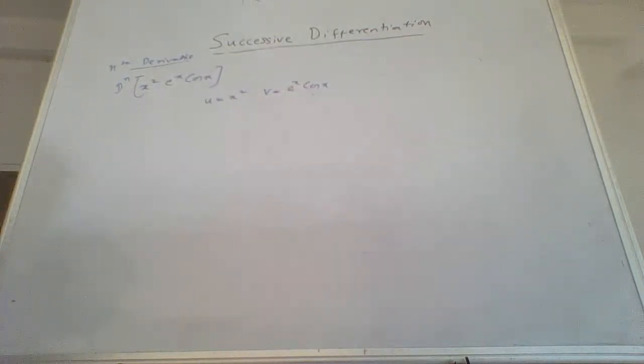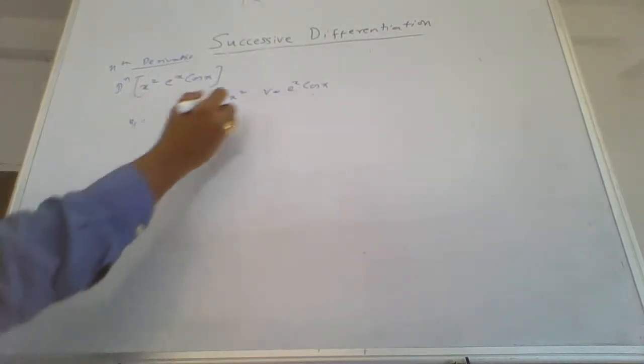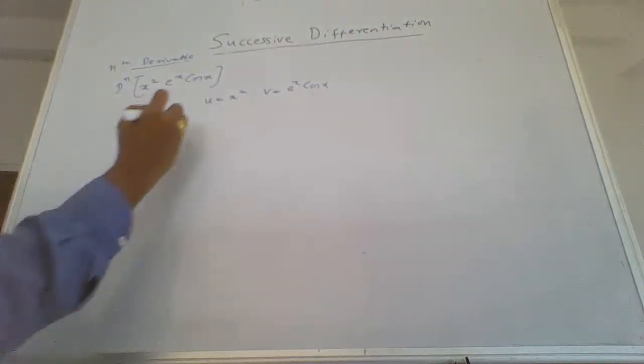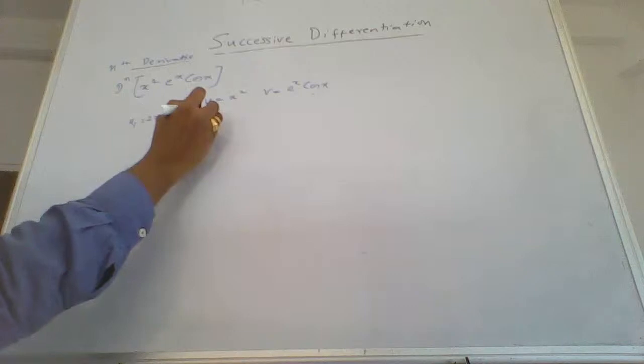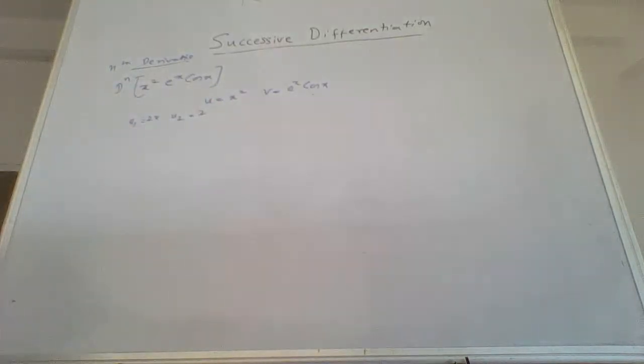You have two entities here. Now let us find u1. U1 will be 2x, and u2 will be 2. So u3 and so on go to 0.